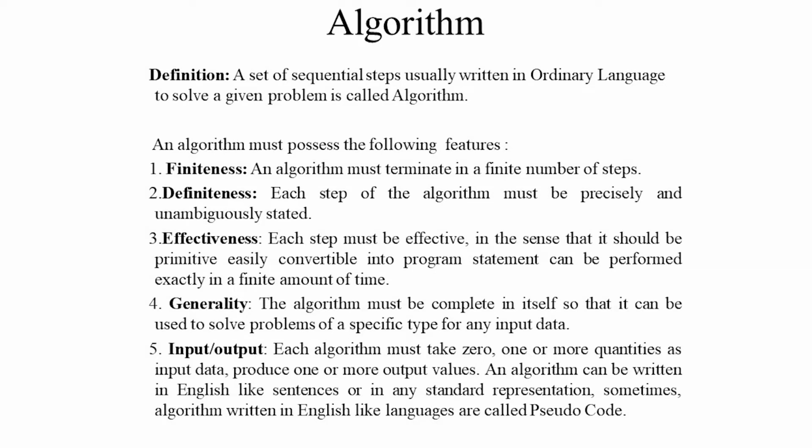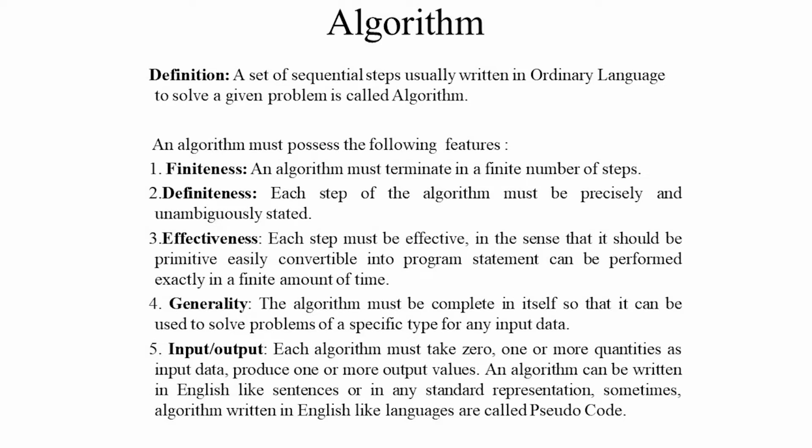When you write an algorithm, there are certain features to be noted. First, the algorithm should be finite. That means an algorithm must terminate in a finite number of steps. Your algorithm should not be very lengthy, and you should not go on dragging the steps.